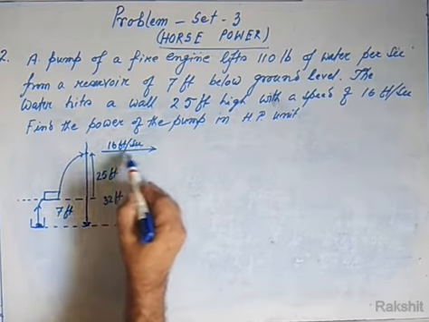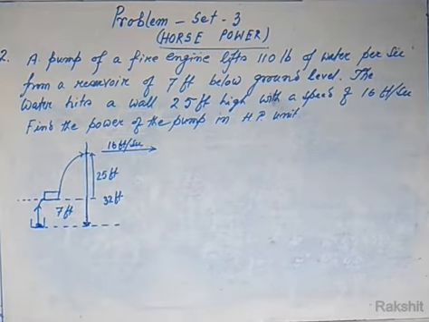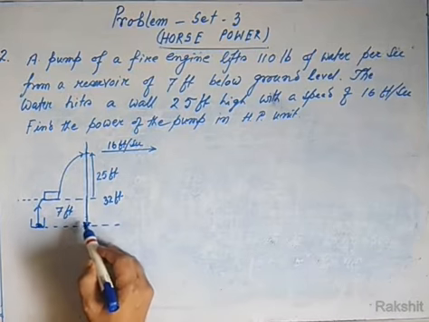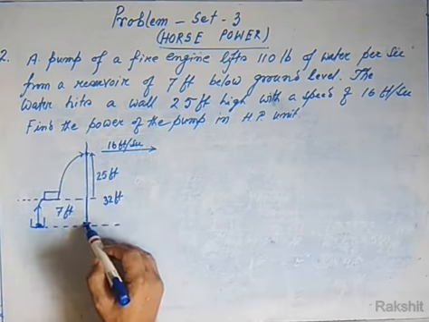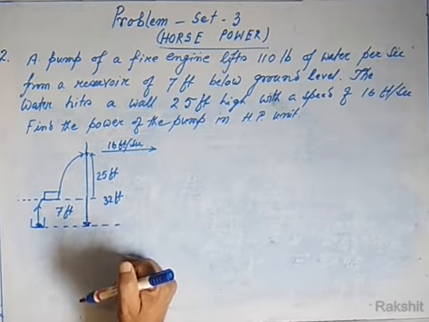So this is the velocity of water. That means two types of energy, the potential energy and the kinetic energy, are given here.